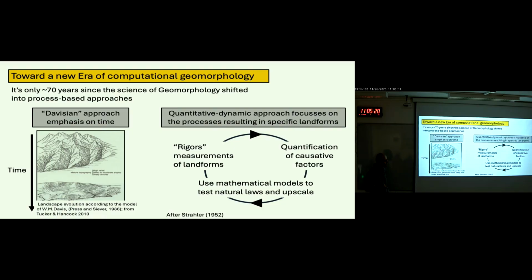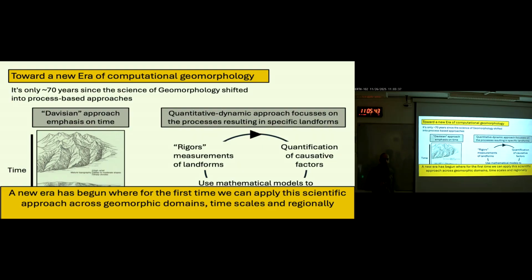And I summarize from the literature what I understand as the main components of modern geomorphology research, which is based on measurement of the landform, quantification of the external forcing that drives landscape changes, and then ultimately the goal to form mathematical models that can upscale in time and space.